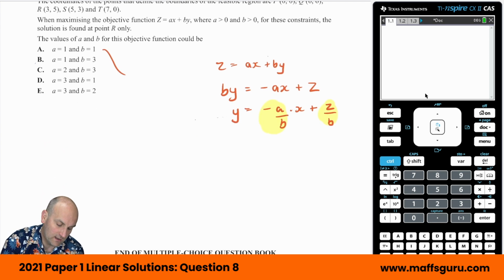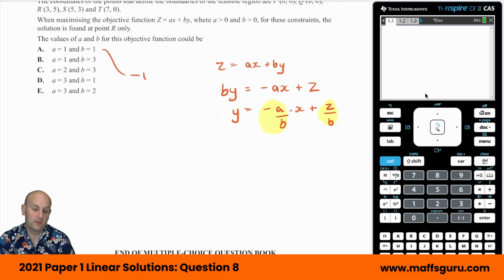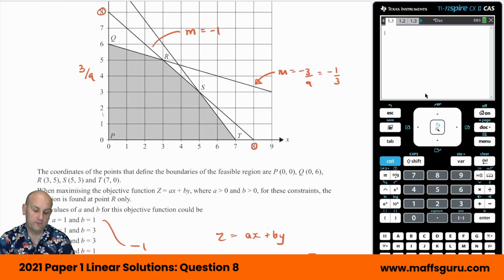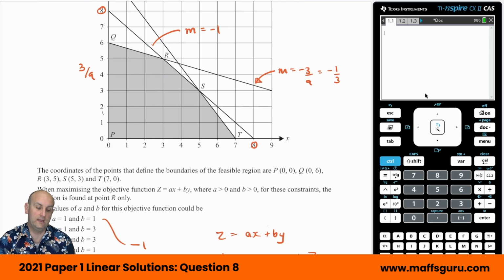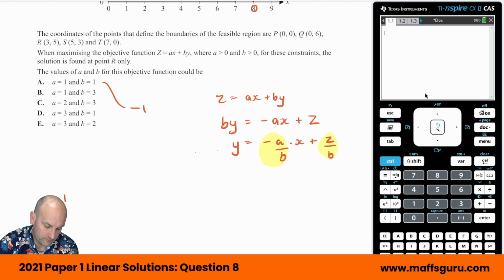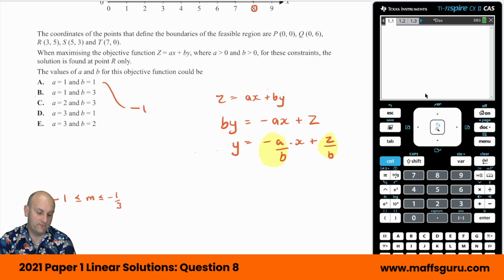So for the first option, the gradient of that objective function would be -1. Well, that's no use to me. Remember, we've got to find a gradient that falls between -1 and -1/3. Other than that, we can't have it. So that's no good, can't have A. What about B?